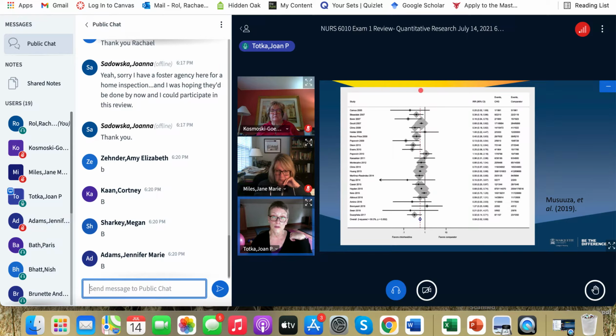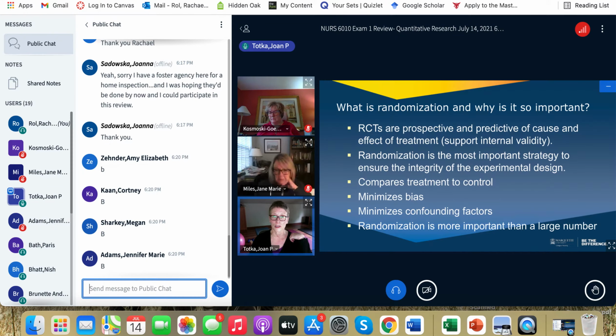But when you look across all of the studies and do the statistical analysis, this little diamond here shows you that across all studies, when they look at all the data, it actually favors using chlorhexidine. So there's enough. Look, it's significant at 0.020. The systematic review showed that there was evidence for a practice change.